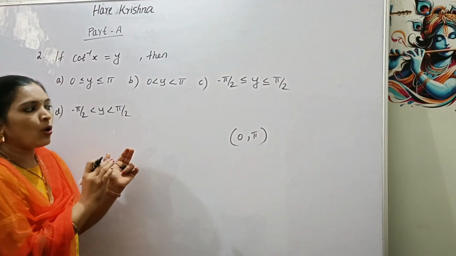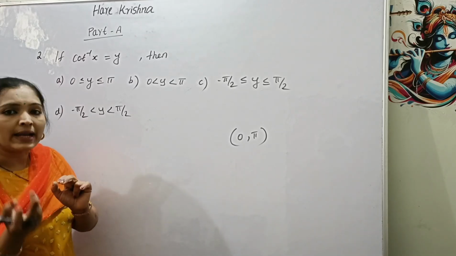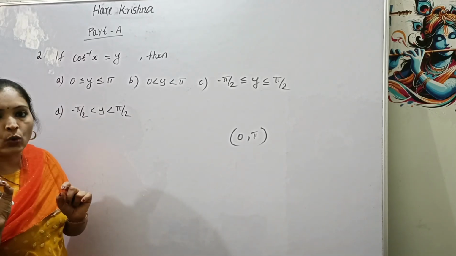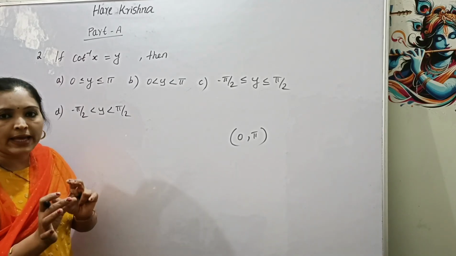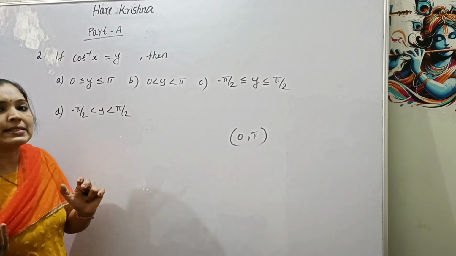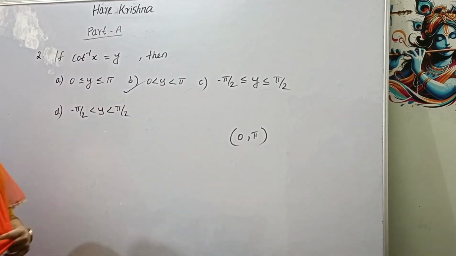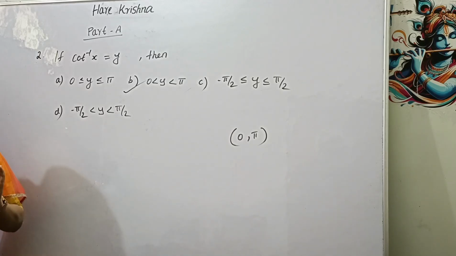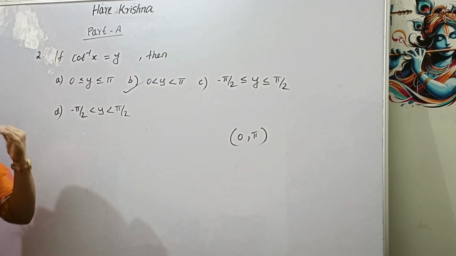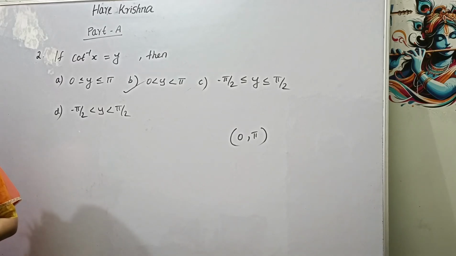That means 0 < y < π, not less than or equal to. So it is the correct answer. You have to study the domain and range of all the inverse trigonometric functions.